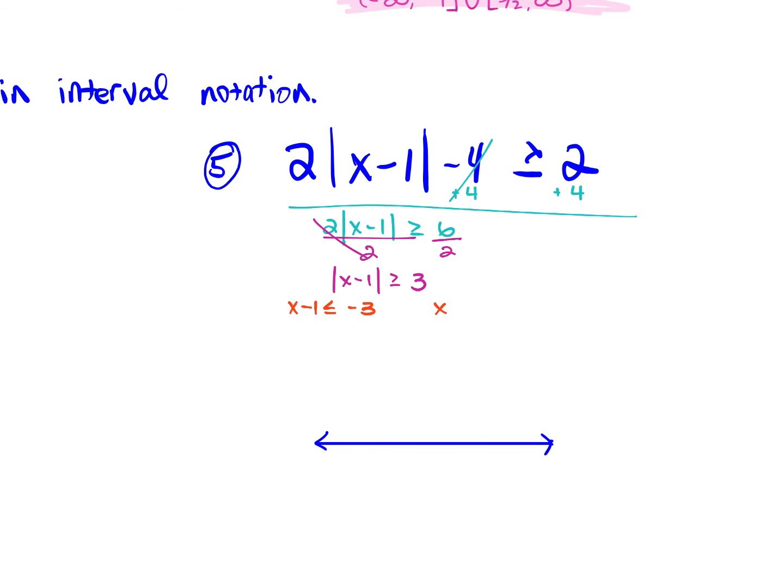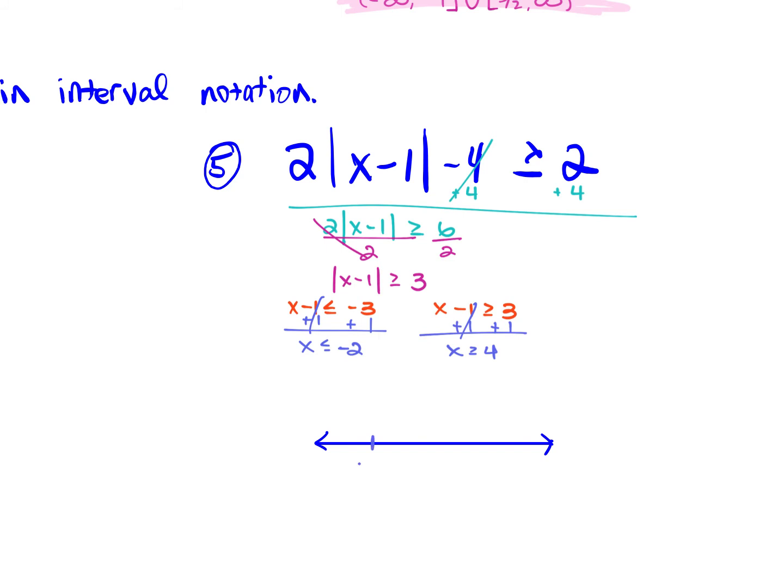And then do one without the absolute value bars, keeping the sign and the 3 the same. Solve these both. For the x minus 1 is less than or equal to negative 3, add your 1 to both sides. You get x is less than or equal to negative 2. For the x minus 1 is greater than or equal to 3, add your 1 to both sides. You get that x is greater than or equal to 4.